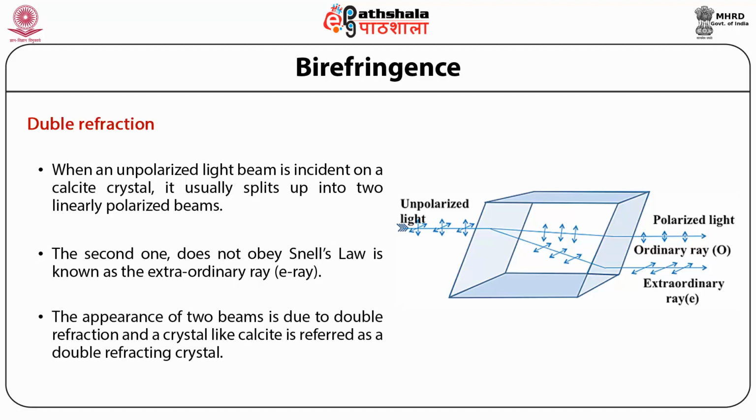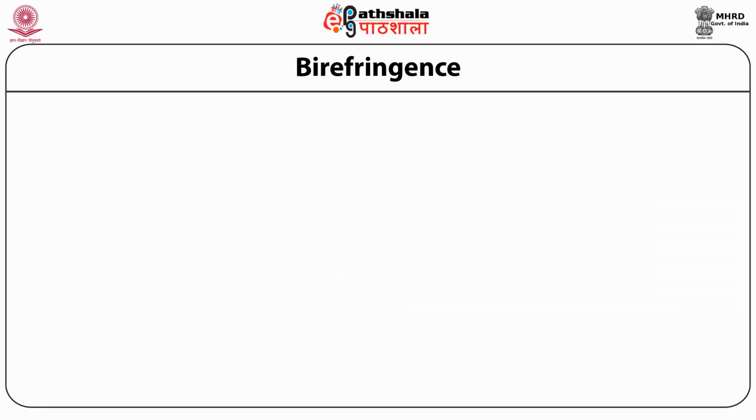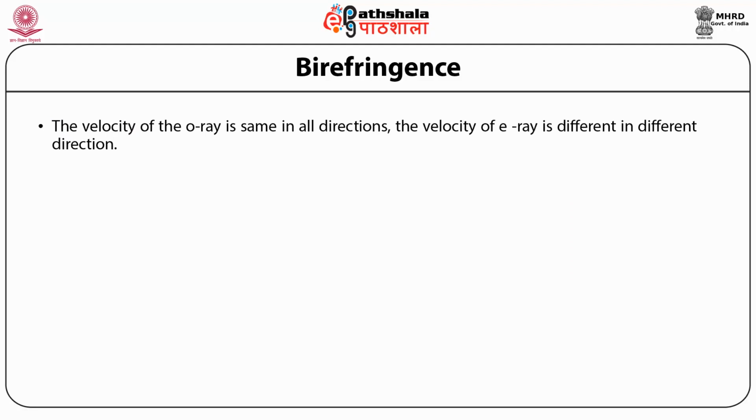The appearance of two beams is due to double refraction, and a crystal like calcite is referred to as a double refracting crystal. The velocity of the O ray is the same in all directions. The velocity of the E ray is different in different directions.